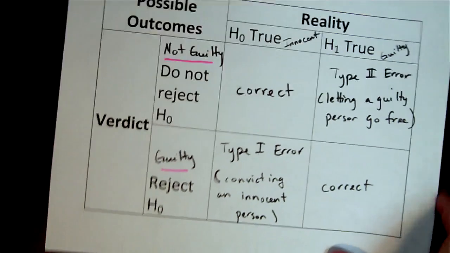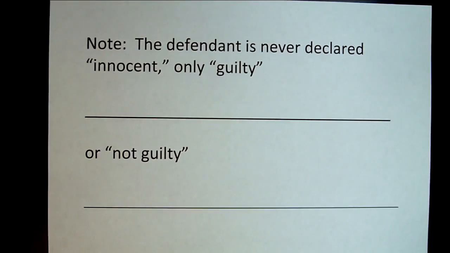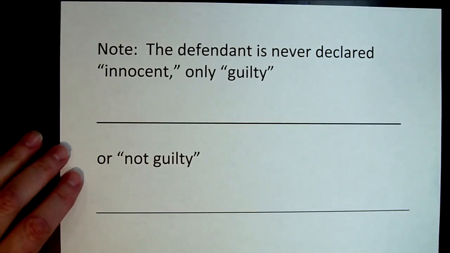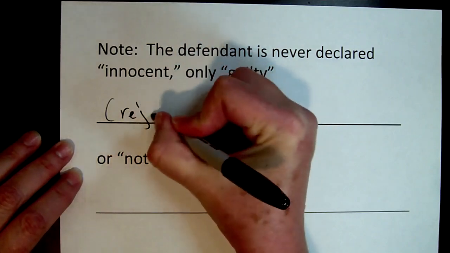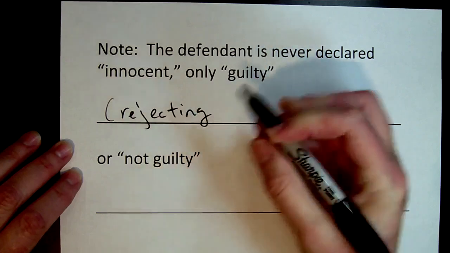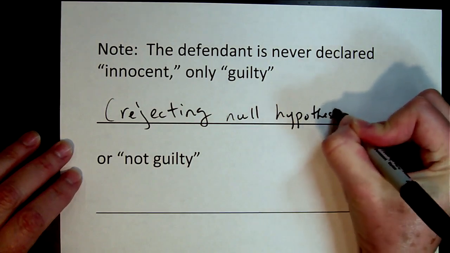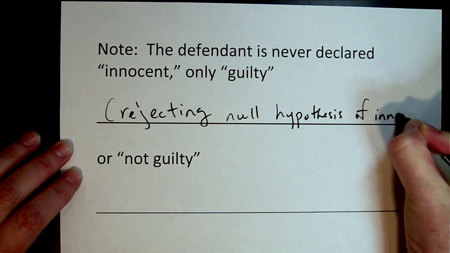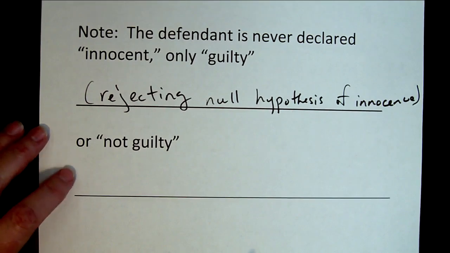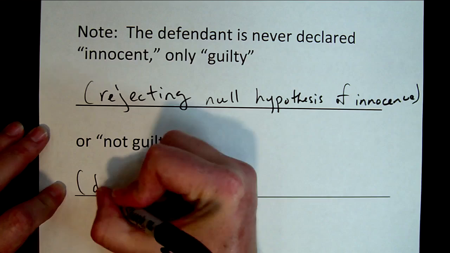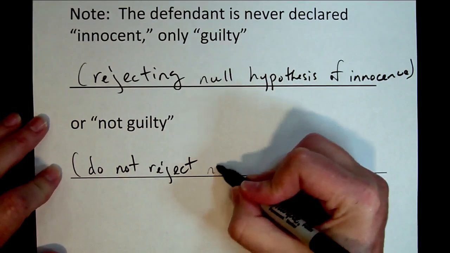Okay, and then just to finish up this example, let me write down some of what I was saying about the terminology, or the way we talk about this. The defendant is never declared innocent, only guilty, and guilty means rejecting the null hypothesis of innocence. Or not guilty, which means that we do not reject the null hypothesis of innocence.